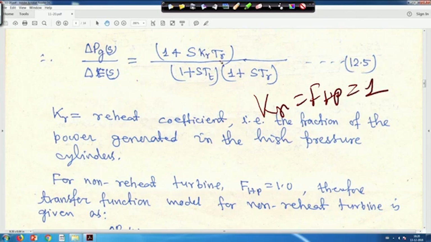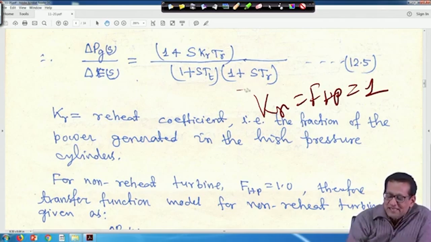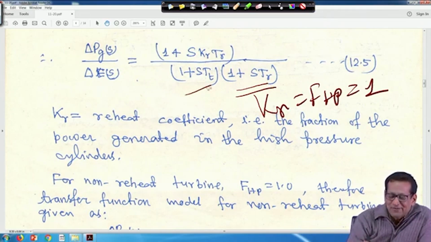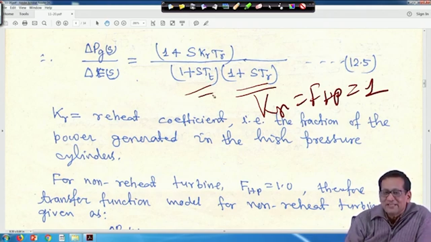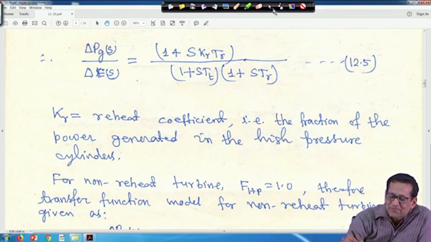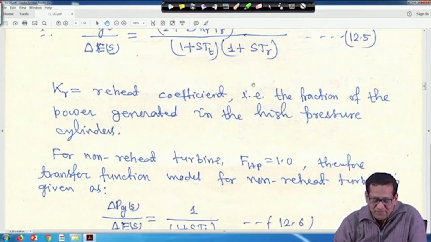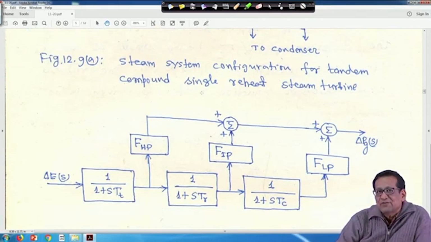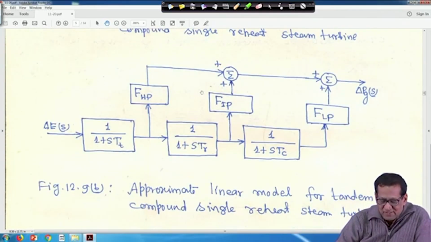In that case, if you put K_R equal to 1, then 1 plus sT_R will be cancelled, or as the reheater is not there, you can simply put T_R equal to 0, then it will be 1 upon 1 plus sT_T. These figures and all these things have been explained.